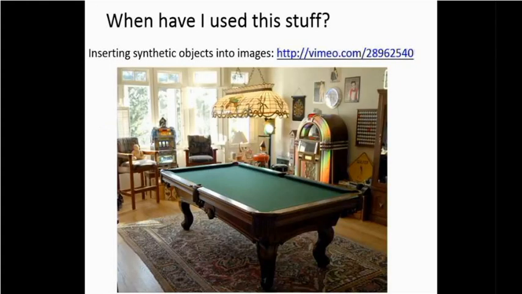Or if I want to put things into pictures, I have to be able to model the geometry of the objects and room so that when I put other objects onto those surfaces, they move along according to that 3D geometry and cast shadows on those objects.